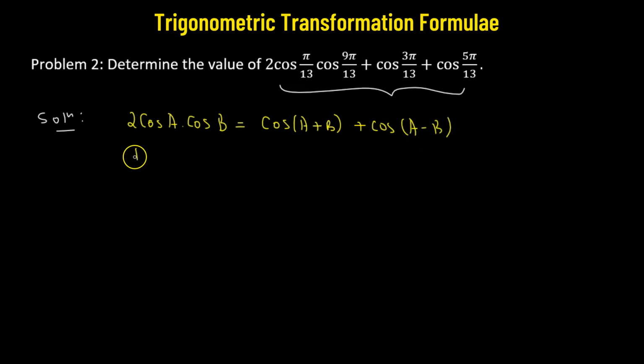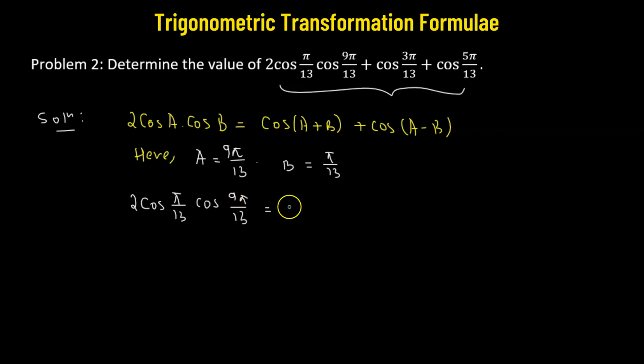Now in our case, let's take A equivalent to 9 pi over 13 and B as pi over 13. Fine. Now, we'll have to find out 2 times cosine of pi over 13, cosine of 9 pi over 13.